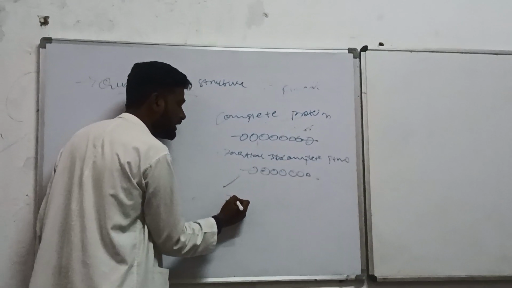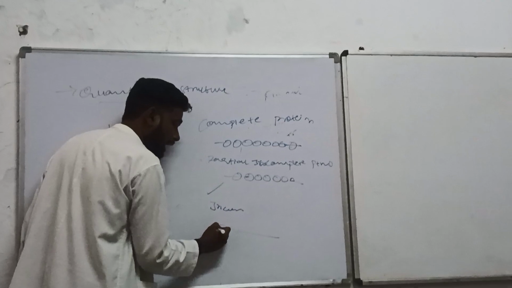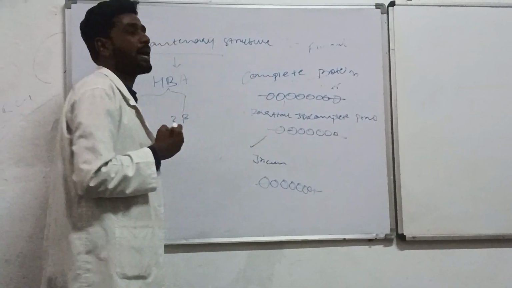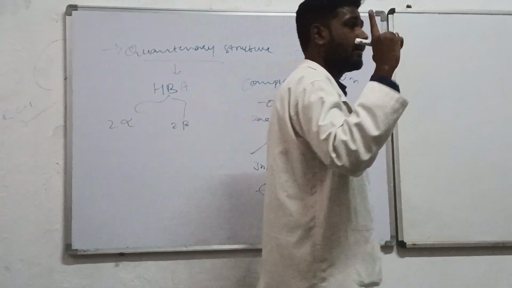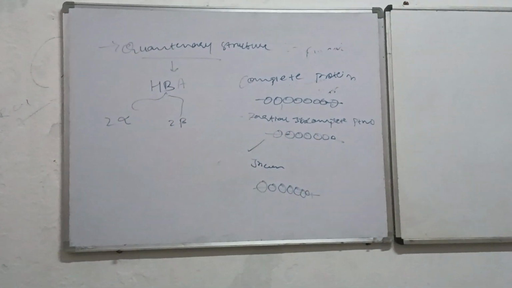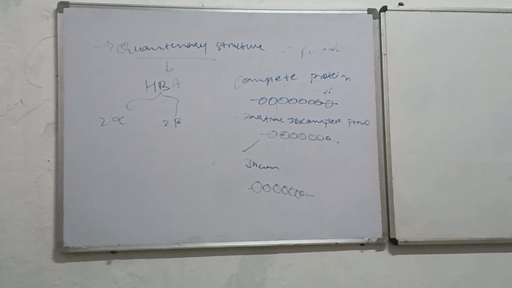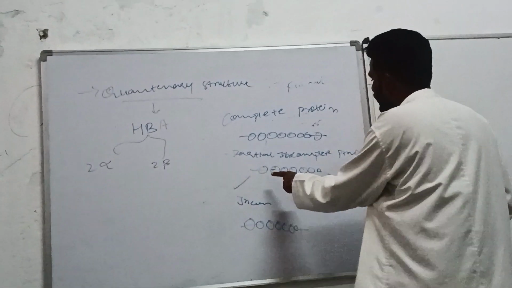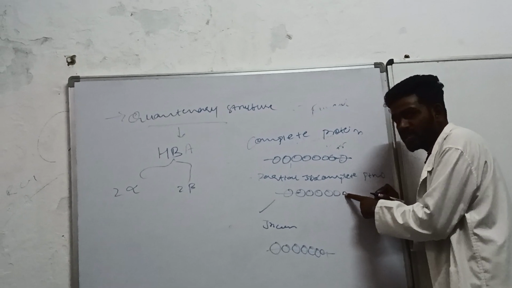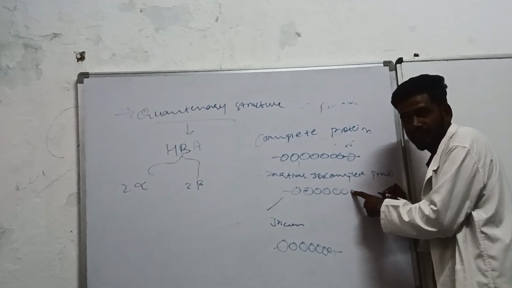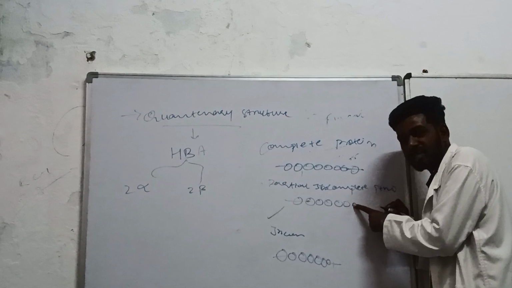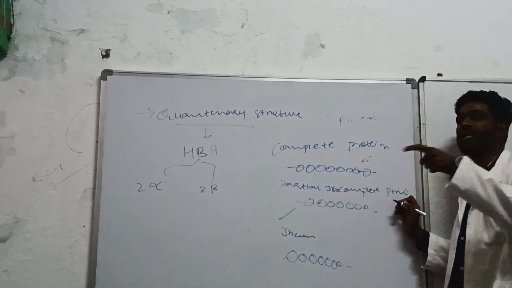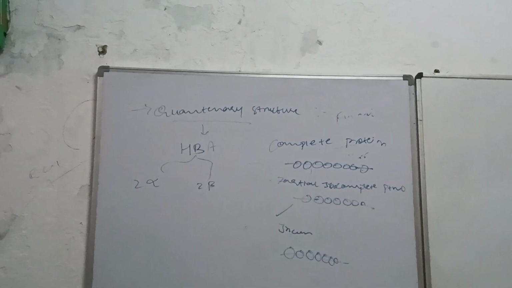But in the case of incomplete proteins, out of 10, one will be completely absent. ये एक difference है, partially incomplete और completely incomplete. ठीक है, partially में out of 10 amino acids, one amino acid का half part present रहता है. Okay. That is considered partially incomplete. But in the case of completely incomplete, one complete amino acid will be absent.